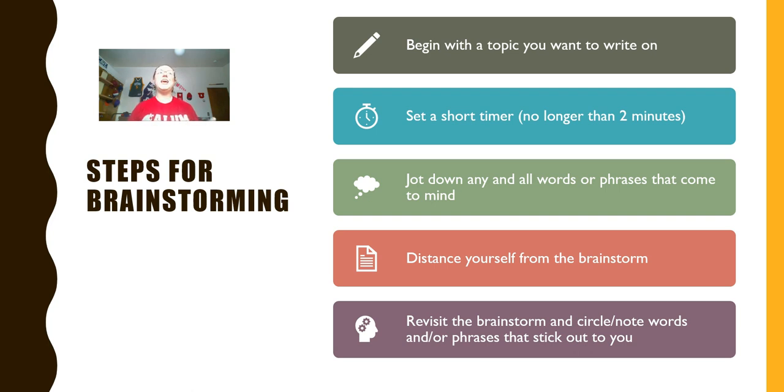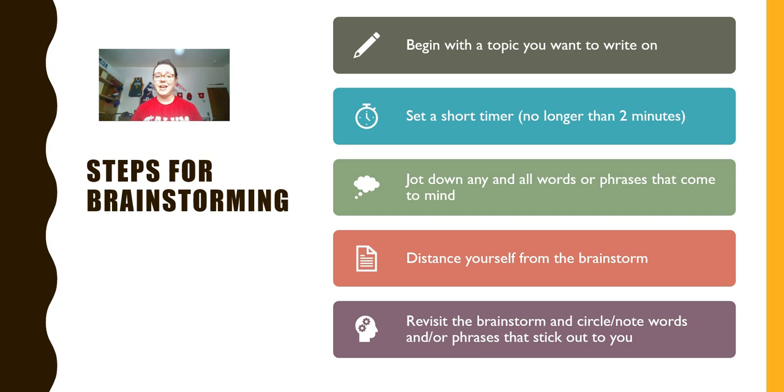But with free writing, it's usually recommended that you go from 5 to 10 minutes, sometimes a little shorter, sometimes a little longer. But with brainstorming, you want to keep it short because you're not trying to flesh out these ideas. You're trying to say, what kind of words will lead me to the information I'm looking for, or will allow me to locate the information that's going to be helpful for me in my research.